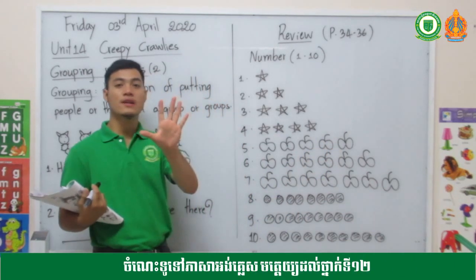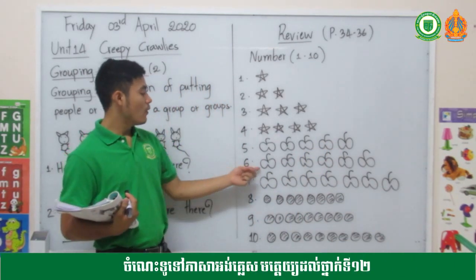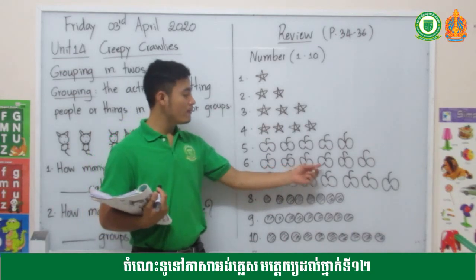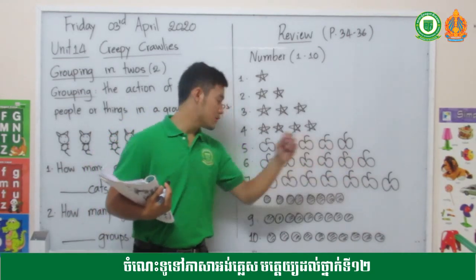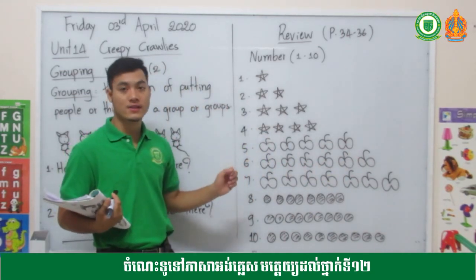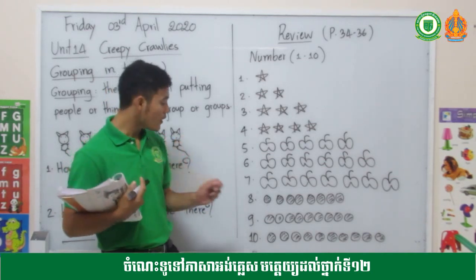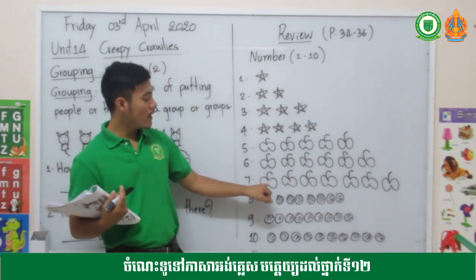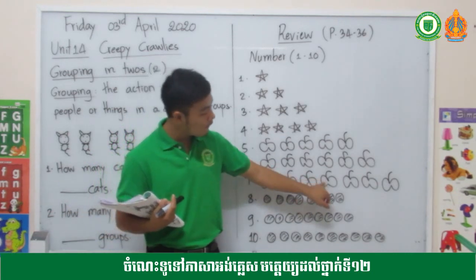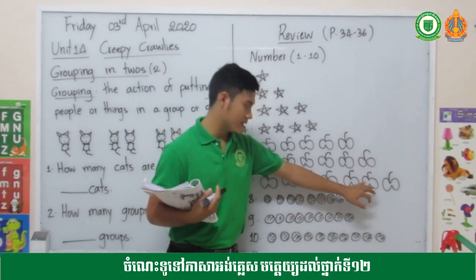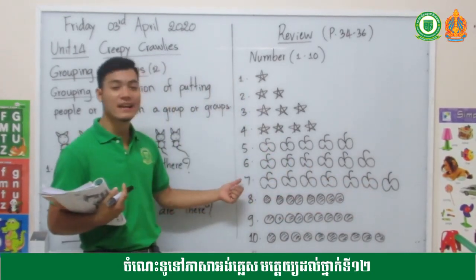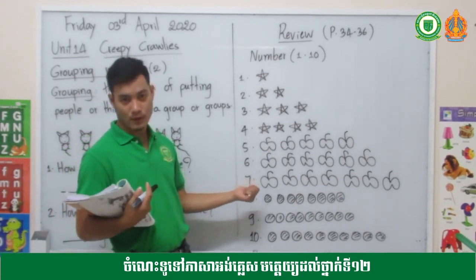So here is number 5. 1, 2, 3, 4, 5, 6. So here there are 6 apples. Number 7: 1, 2, 3, 4, 5, 6, 7. So here there are 7 apples.